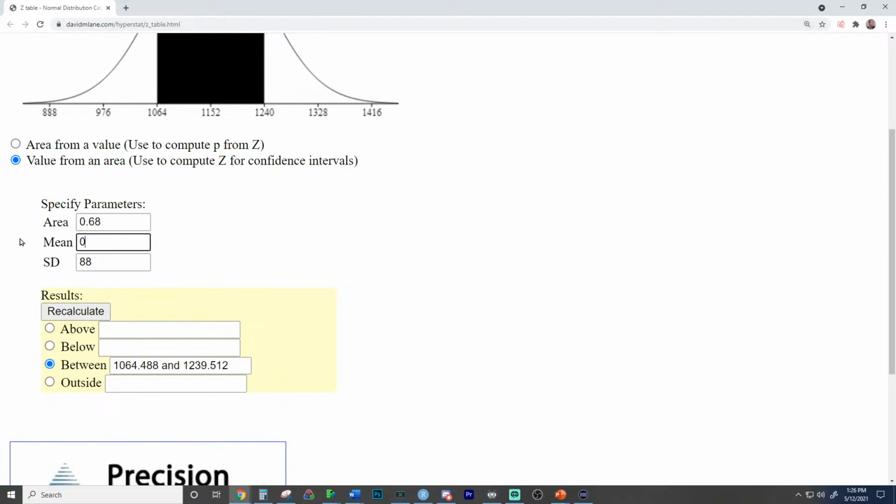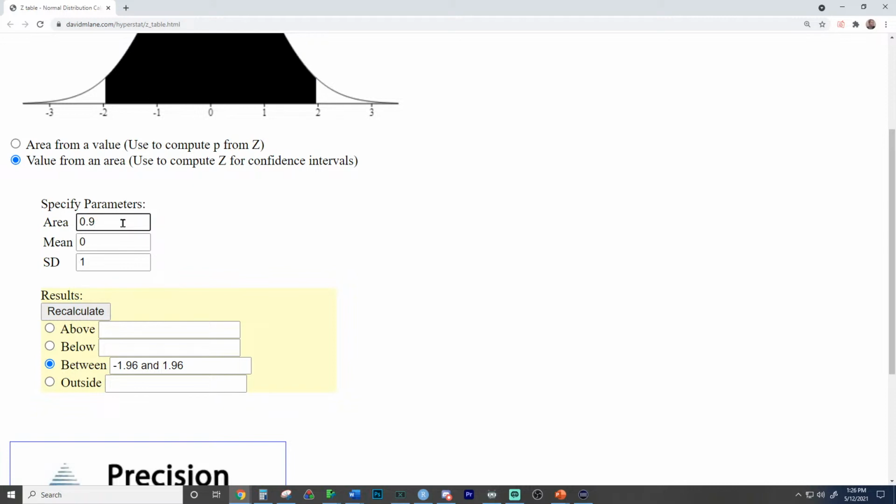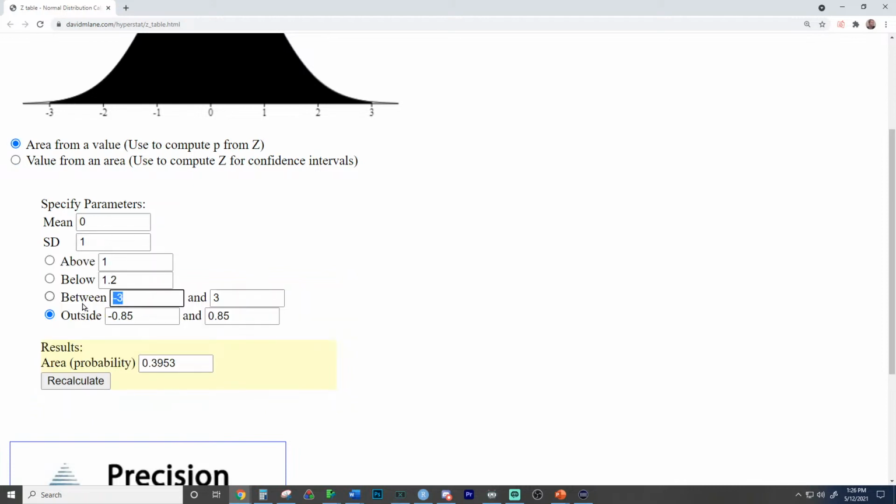On the standard normal curve, it's 68, 95, and 99.7 within one, two, and three standard deviations. Now, there are additional decimals, but don't worry about those. Between -1 and 1 is about 68. Between -2 and 2 is about 95, and -3 and 3 is about 99.7. We just memorize 68, 95, 99.7.